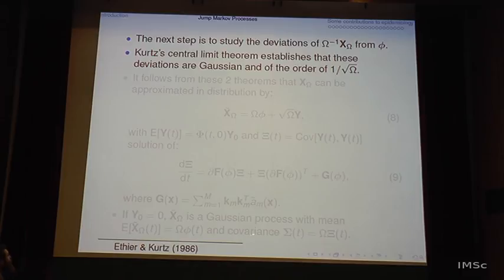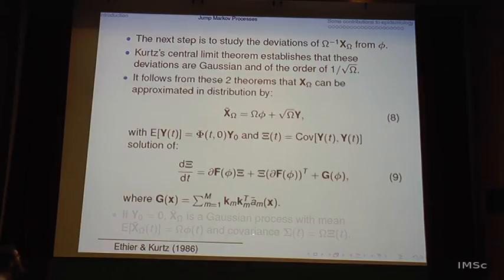And that's a central limit theorem that establishes that these deviations are Gaussian and of the order of 1 over the square root of omega. So that's a very typical result of a central limit theorem, where everything scales as the square root of the sample size, or here the population size.